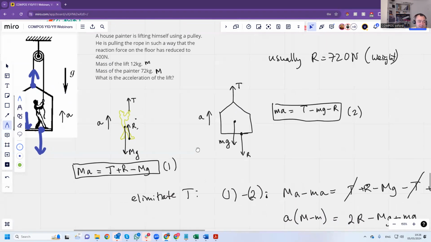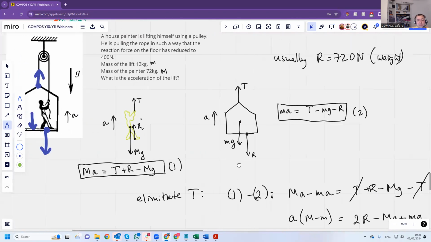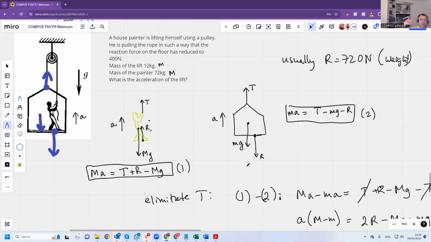And it's very important to think of free body diagrams as a difficult concept, because you're always tempted to add the masses, but you need to understand that you're considering separate objects, and you're only allowed to use the forces acting on that object.